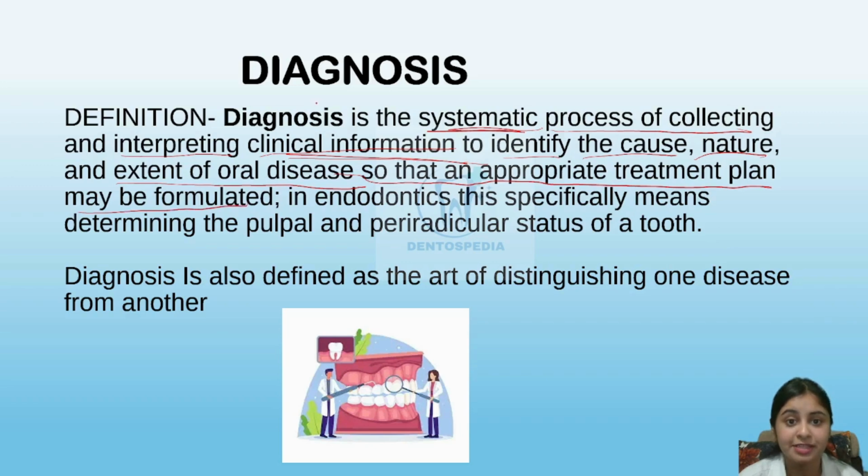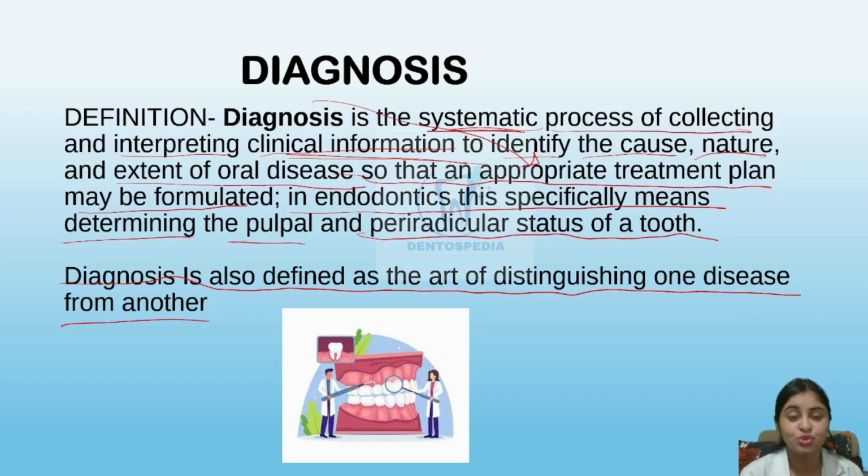In endodontics, it specifically means determining the pulp and the periradicular status of the tooth. Diagnosis is also defined as an art of distinguishing one disease from another. So it is very important to come to a proper diagnosis to formulate a proper treatment plan.